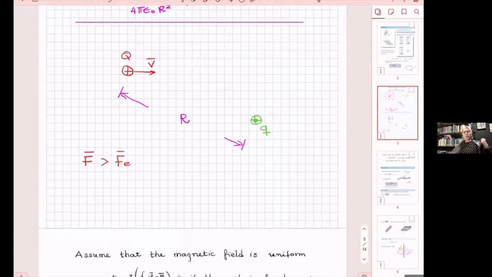But what makes it larger? What do you think? The decrease in distance. Kind of, yes. That is related, the decreasing distance is going to have an effect.